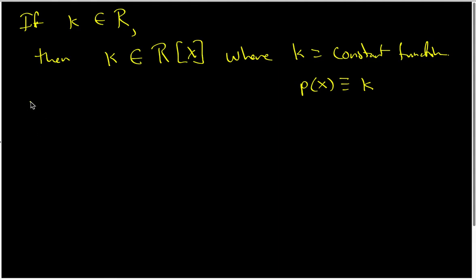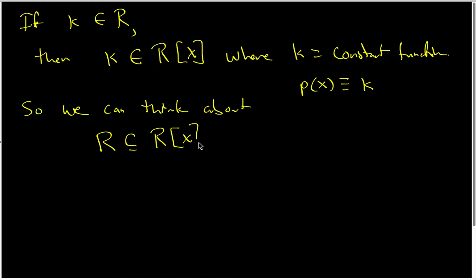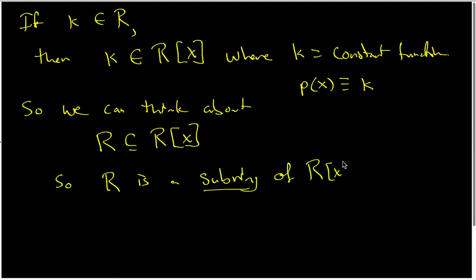So what this means is that we can think about R as being a subset of the ring of polynomials over R. And the other thing this means is that R is a subring of R[x].